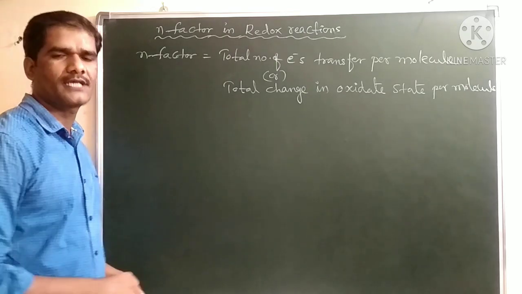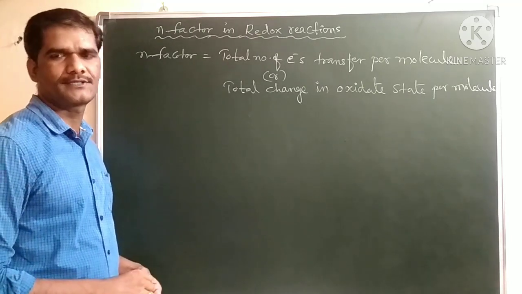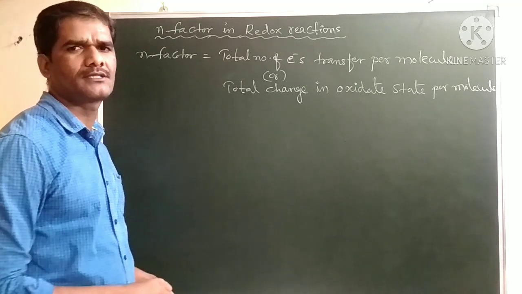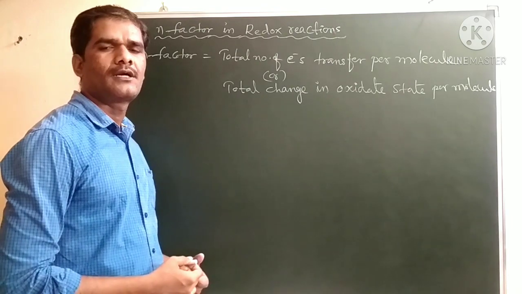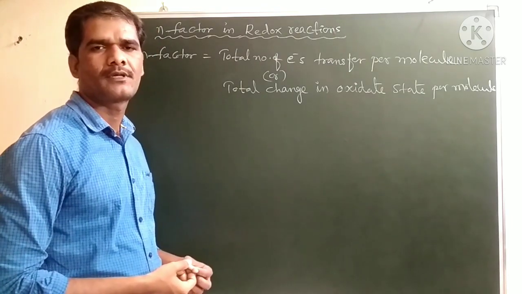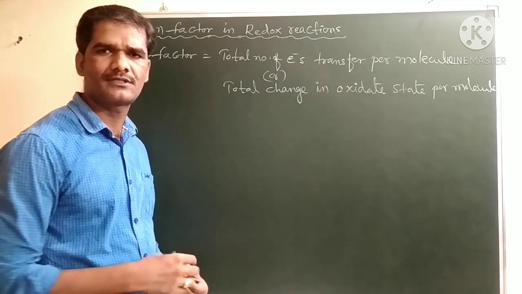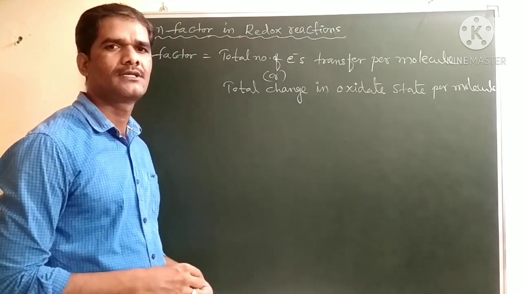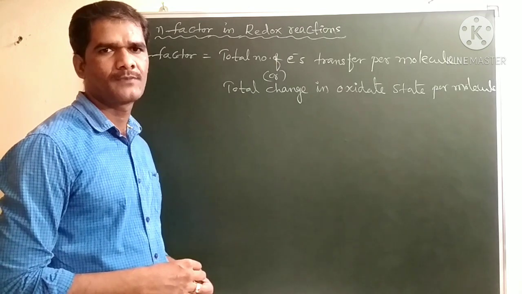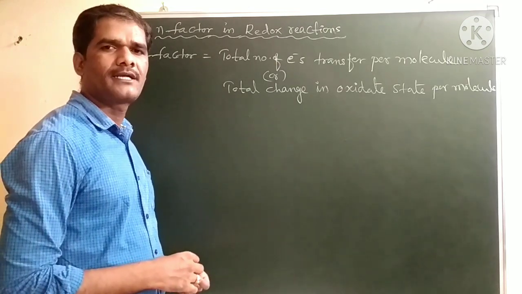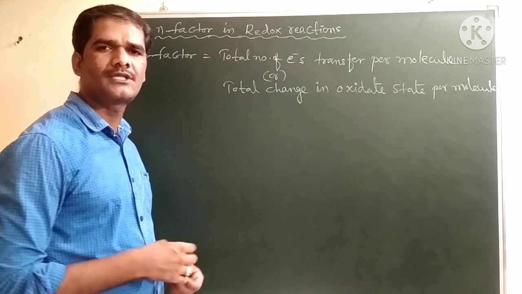In case of redox reactions, we have various conditions. What does a redox reaction mean? Your reactants undergo oxidation and reduction. One reactant undergoes oxidation and one reactant undergoes reduction simultaneously. That we can call redox reactions. Here one of the reactants may undergo oxidation or reduction.